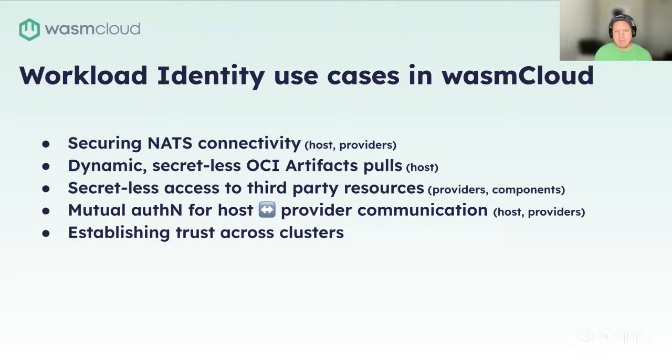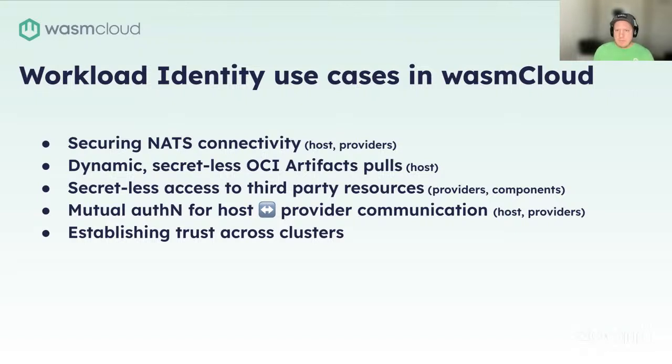And so establishing a foundation where we can have mutual TLS being created, essentially a cryptographically authenticated tunnel between the providers and the hosts. And then when we step back and think about having multiple clusters deployed across clouds or different environments, it'd be wonderful if those clusters could establish essentially a trust relationship with each other through presenting their respective workload identities.